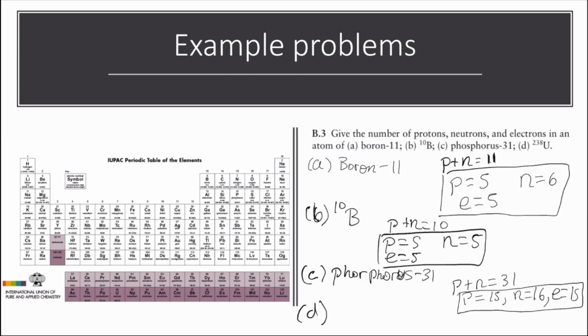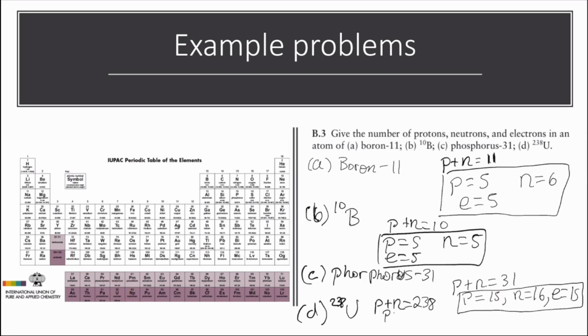Now the last one is uranium 238. And 238 is the number of protons plus neutrons, is the atomic weight. Then we find in the periodic table where uranium is, and let's see, uranium is located right here, is a 92.